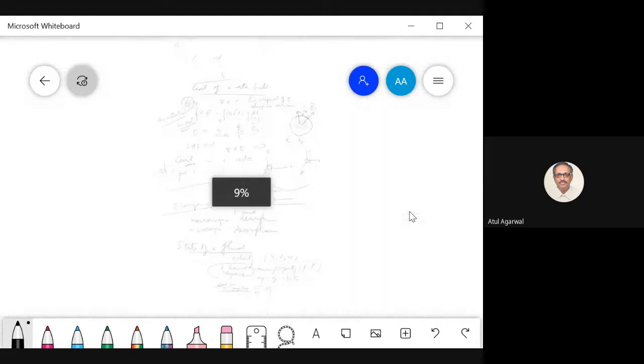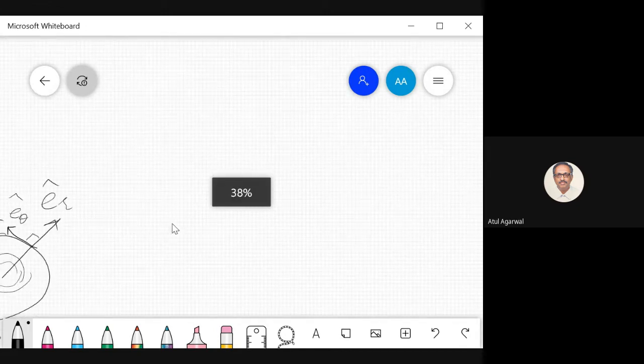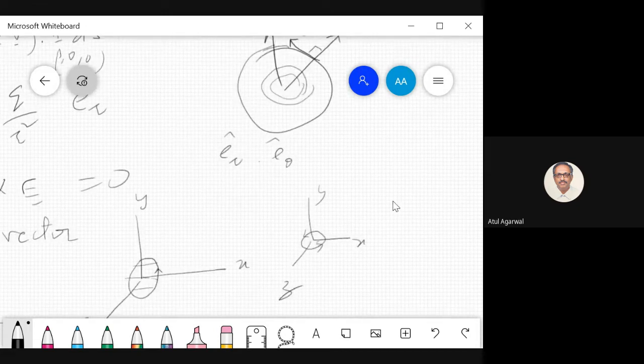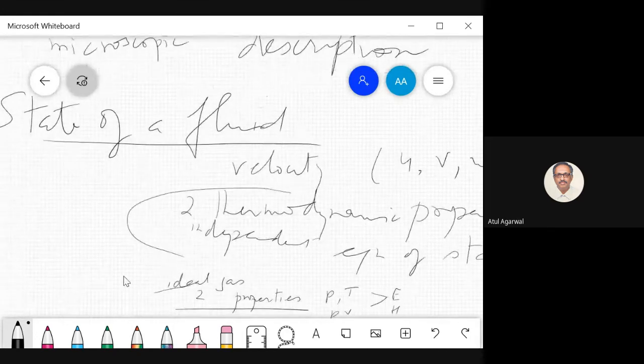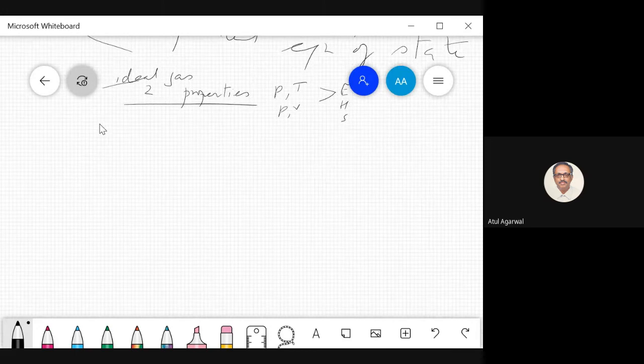Now there is one more thing. There is something called Lagrangian description. These things you will encounter in another is Eulerian description.